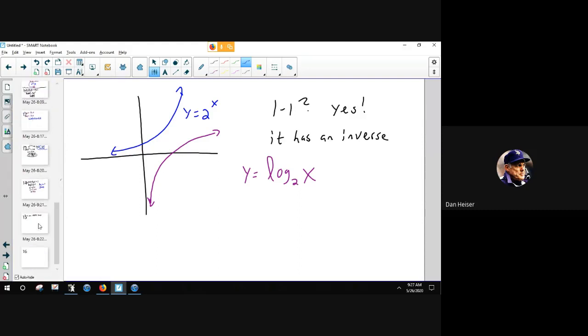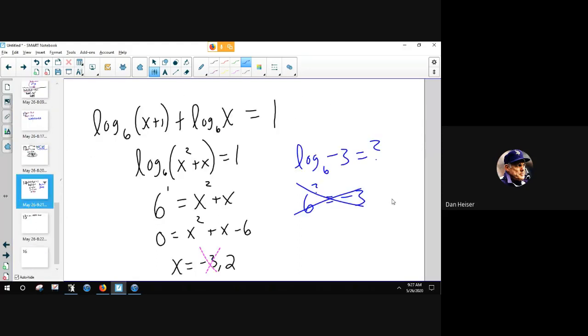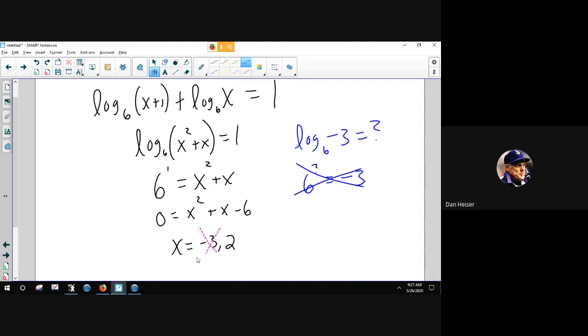So let's fast forward now to our problem. X has to be a positive real number. Negative 3 does not work and has to be thrown away.